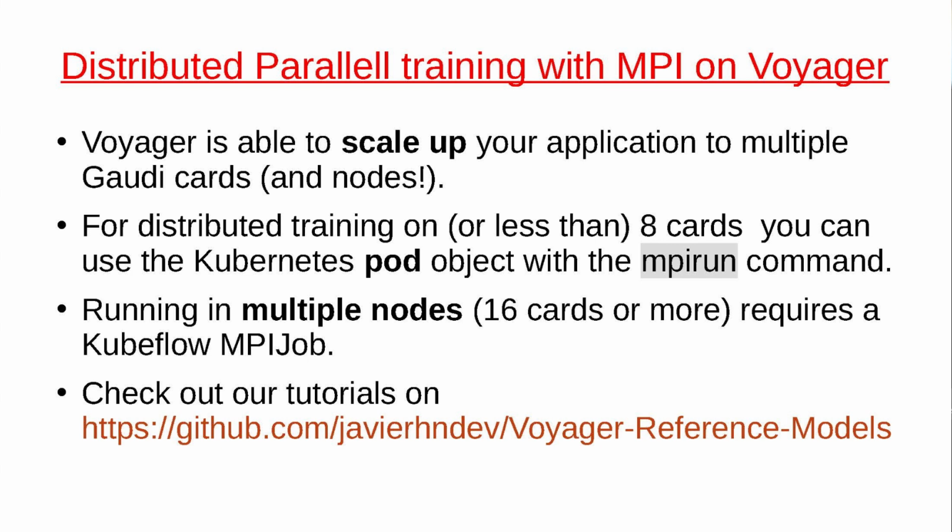This is called an MPIJob. Again, I have examples in this repo, so you can take one of these examples and use it. I don't want to spend more time on this, but this is a bit more advanced. If you are interested, please contact us.